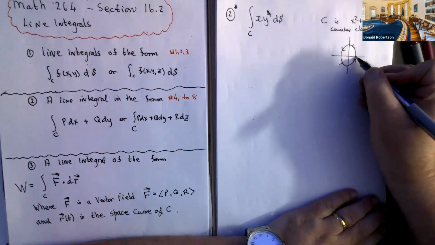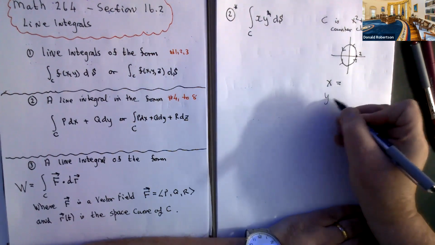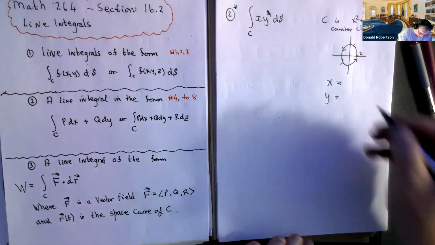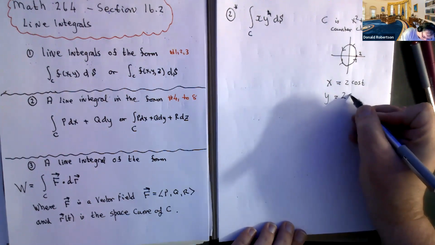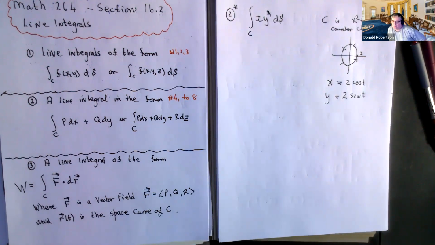And I know its radius. But what I don't know yet is how to rewrite it in terms of t as a parametric. But there is a way to do it. Agree?